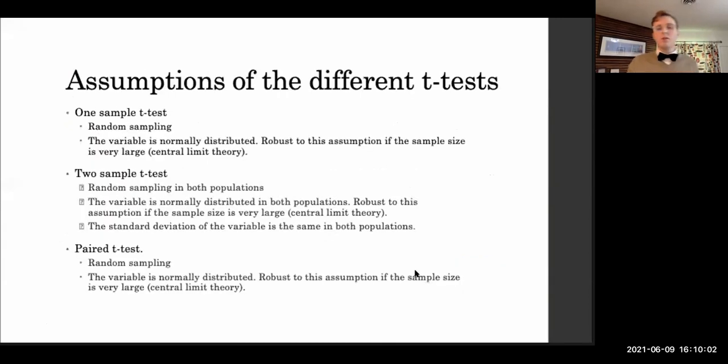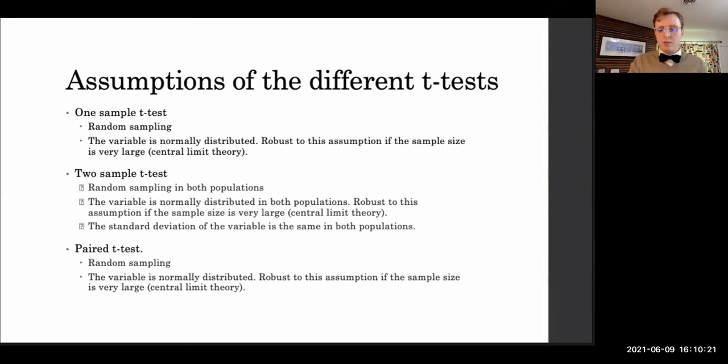All right, so one last thing I want to cover for t-tests is that when doing any statistical test, the statistical test always has some assumptions. If these assumptions are not met, you cannot do the tests. For the t-tests, they all have fairly similar assumptions.